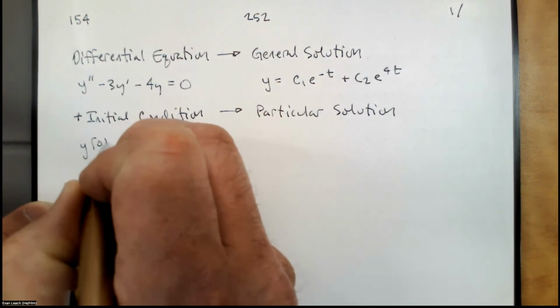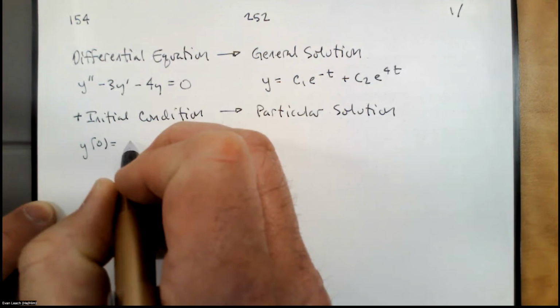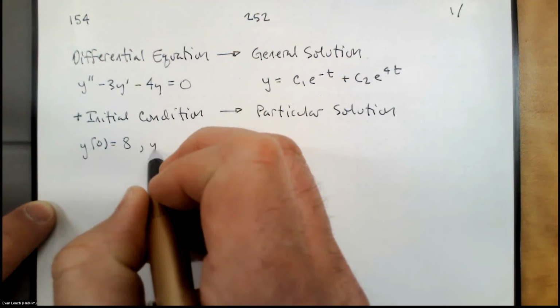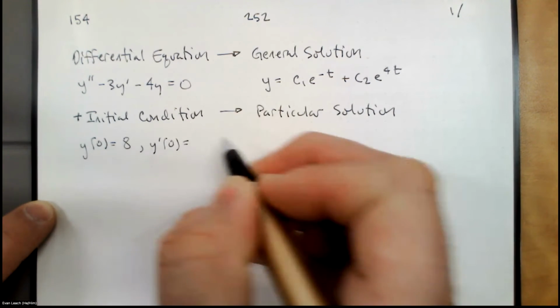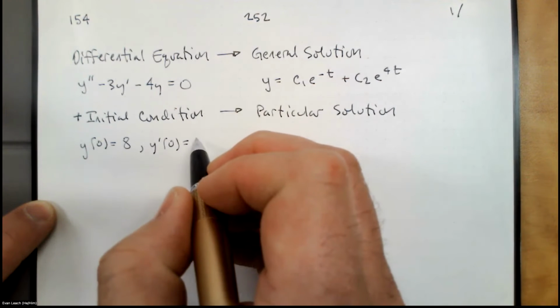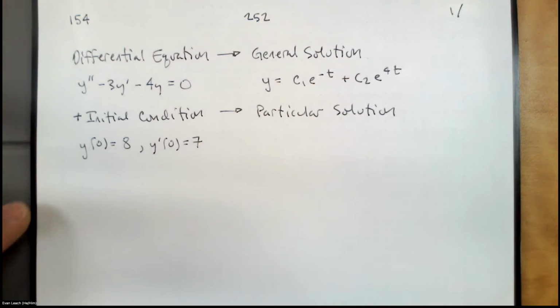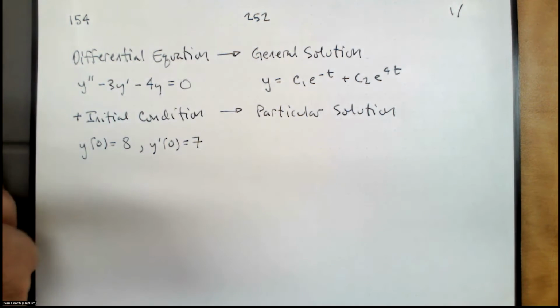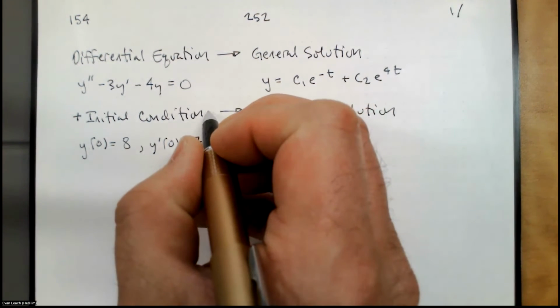So for example, I'd know that y of 0 is equal to 8. And let's say we also know that y prime of 0 is equal to 7. In this case, I gave you two pieces of information for your initial conditions.